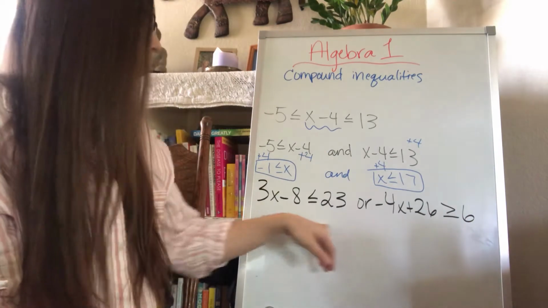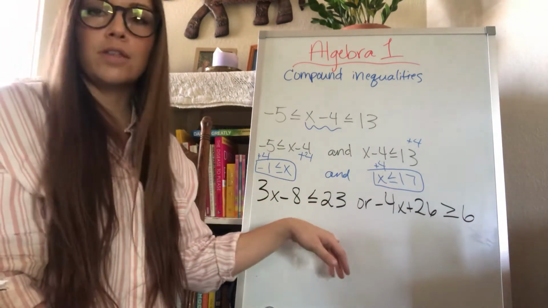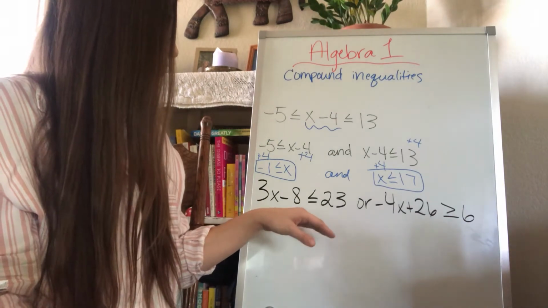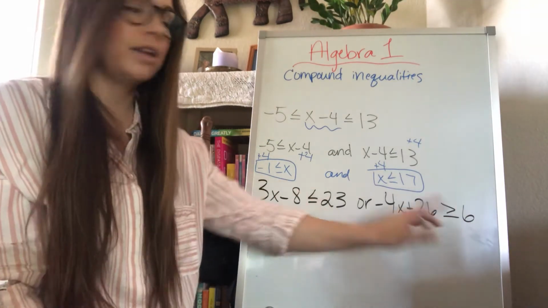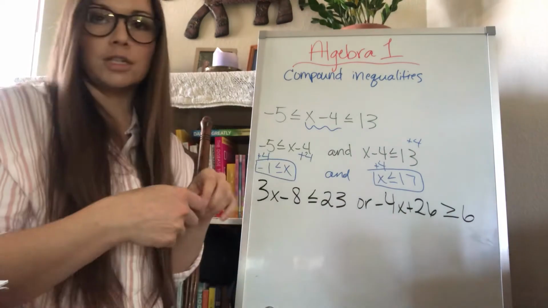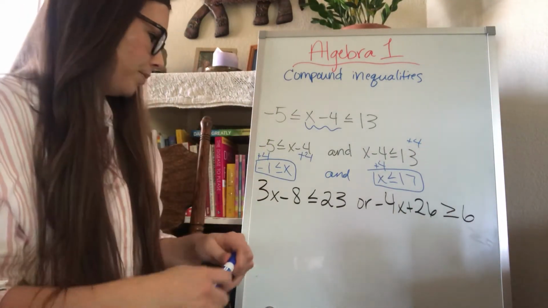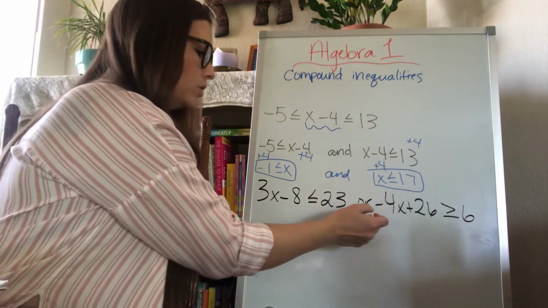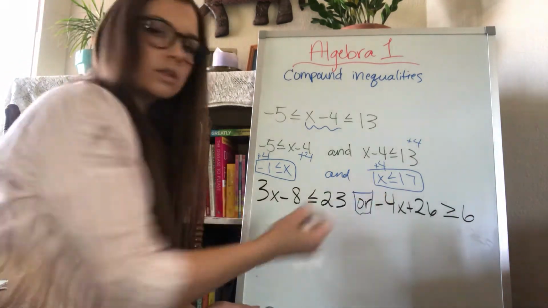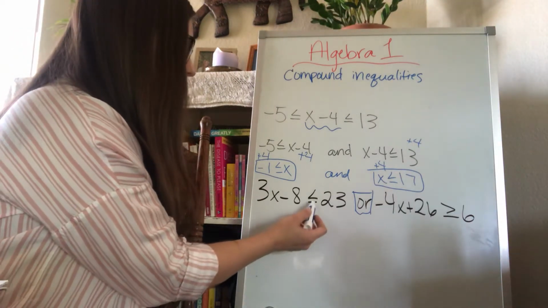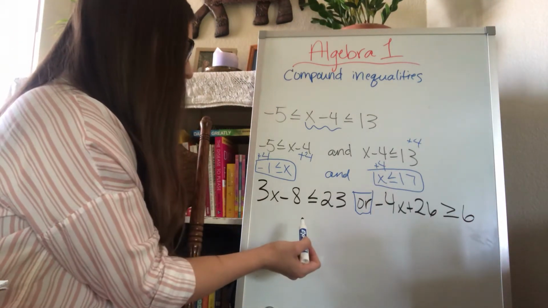Okay? The or looks a little different on the number line than the and, because it's going to be two separate sections on the number line. This one's going to be one section together. Okay? So let's start solving this one. Here's our or, so that separates our equations in case you can't see that very clearly. So 3x minus 8 is less than or equal to 23.